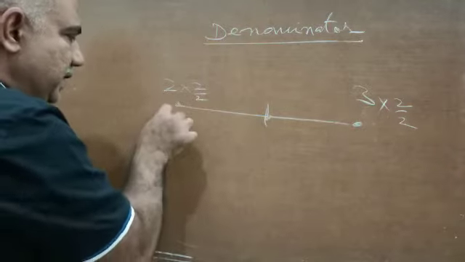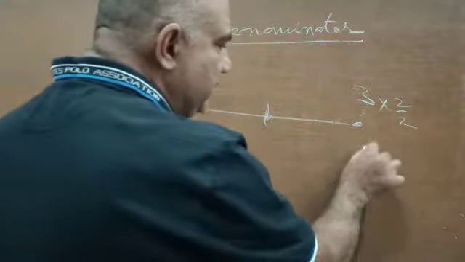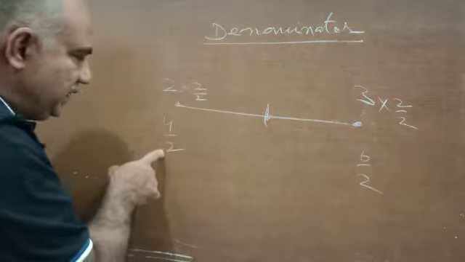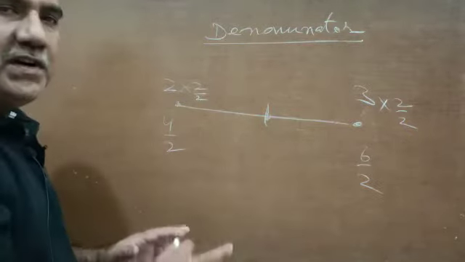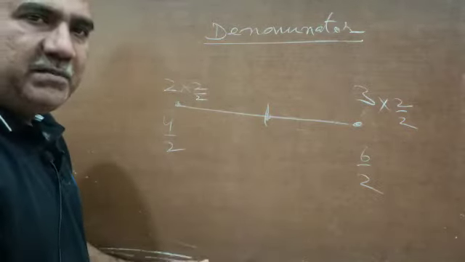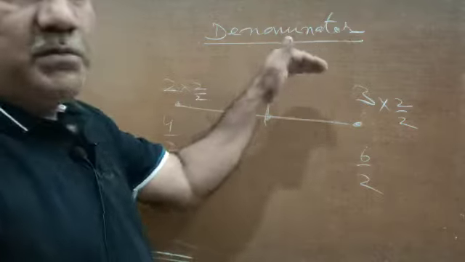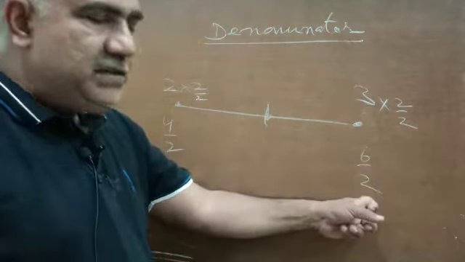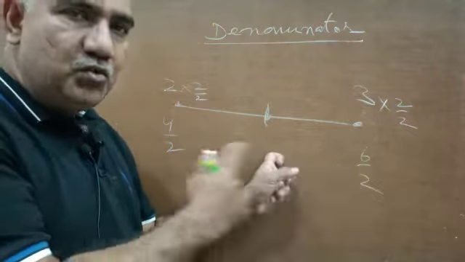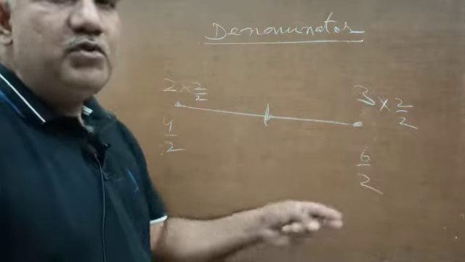Now this becomes 4 by 2 and this becomes 6 by 2. Yet if you see, this is 2 and that is 3. So we have not changed the quantities, and at the same time, as the requirement of our denominator method procedure, for inserting one number between these two given quantities, you need to have 2 as denominator.